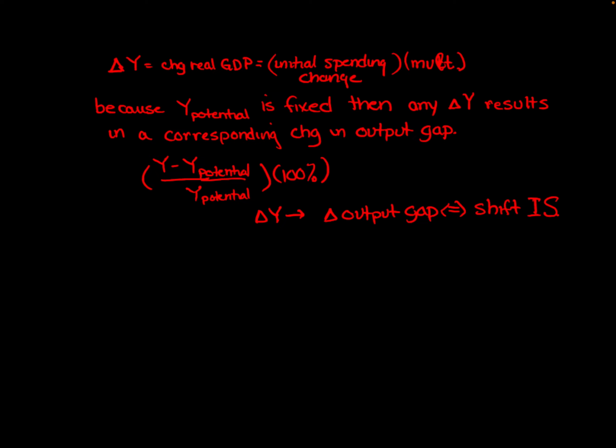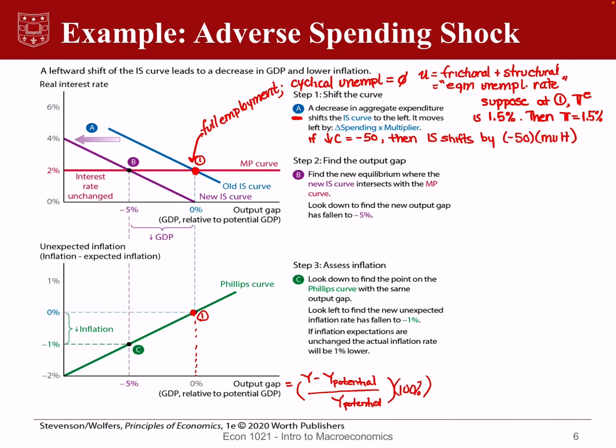So in our example here, let's see, we have the IS curve shifting to the left as a result of this, say, decline in consumption. So shift the curve.